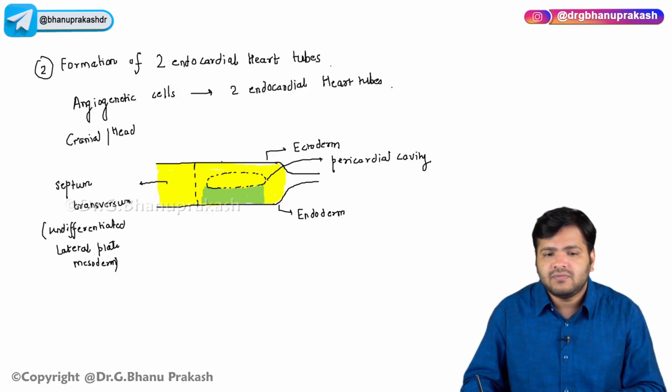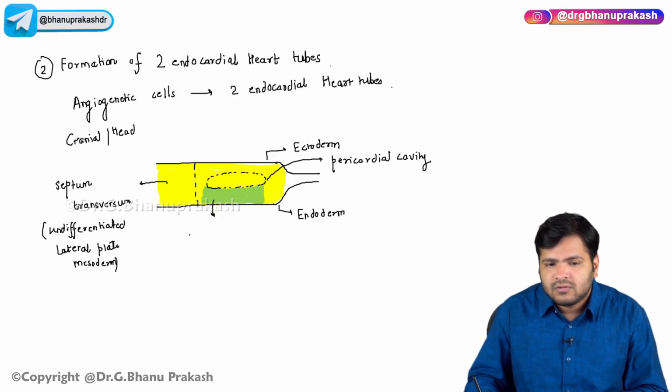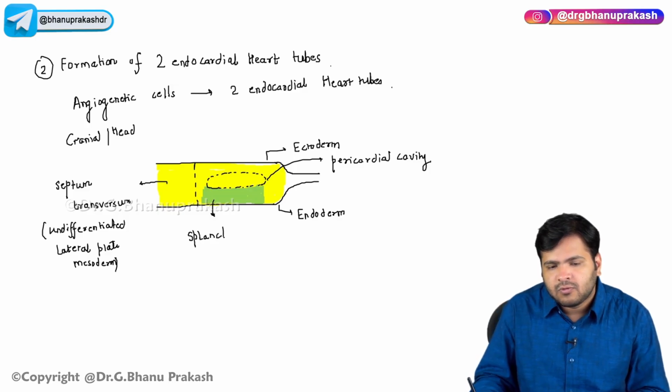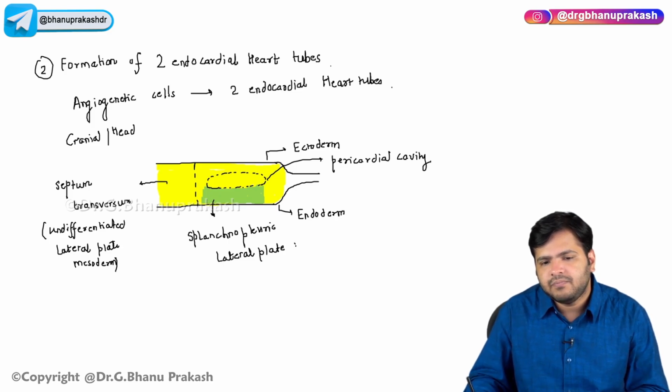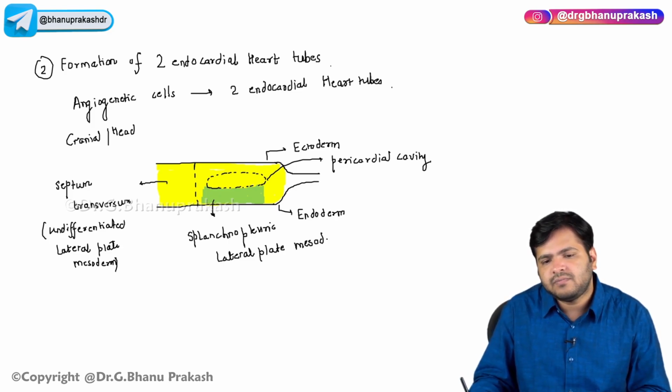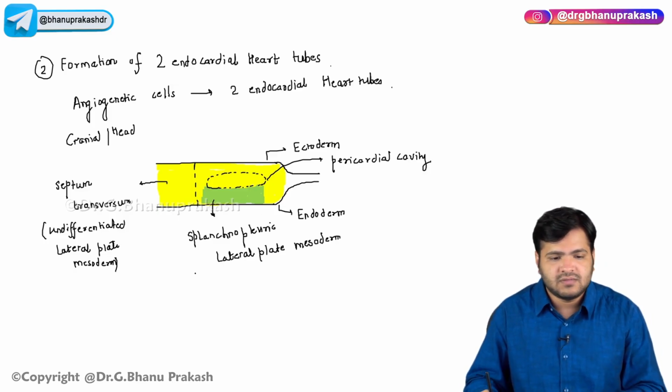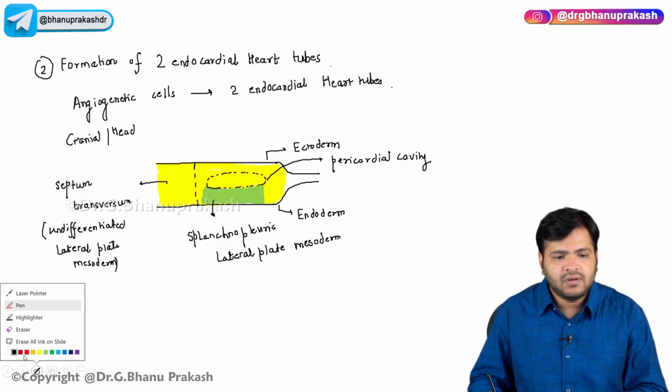So this will be called the splanchnopleuric lateral plate mesoderm. In this splanchnopleuric lateral plate mesoderm, what will be formed?